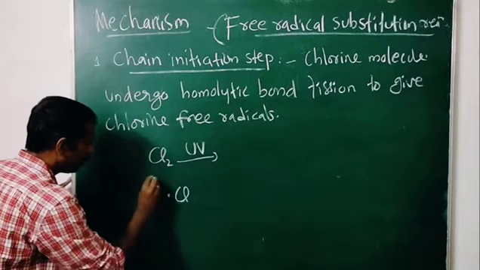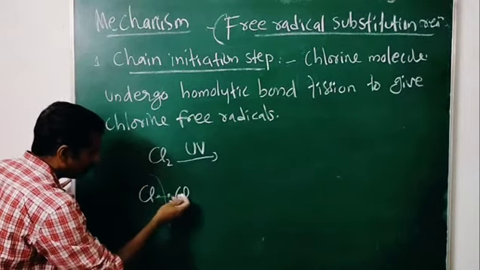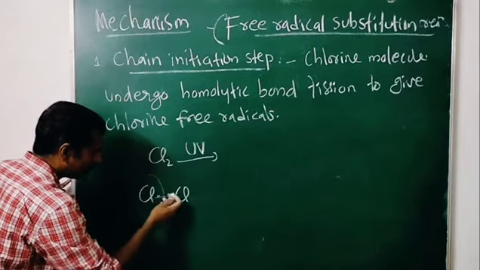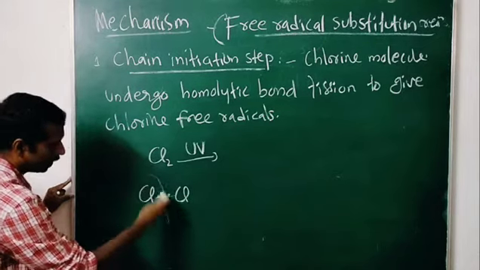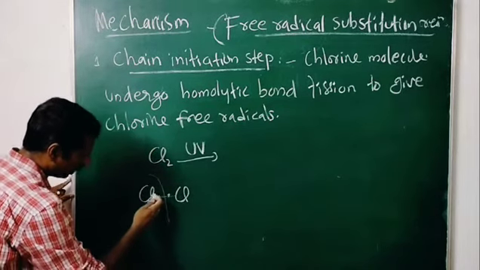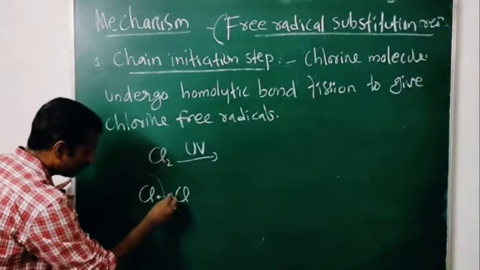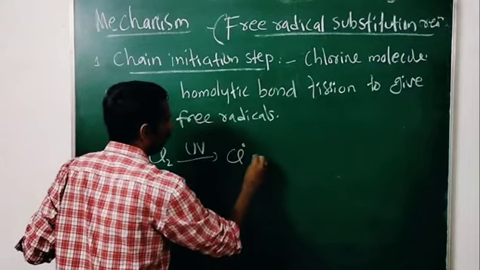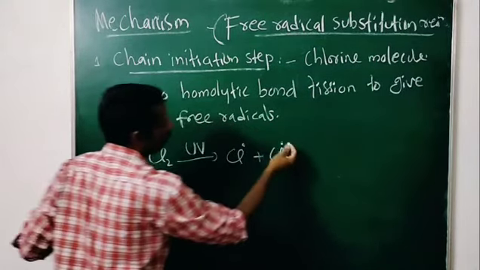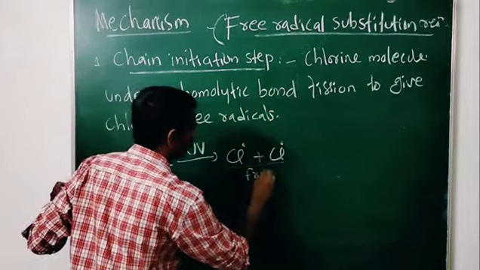Homolytic bond fission means the bond is breaking so that both chlorine atoms get their shared electron. Each Cl gets one electron, and these are known as free radicals.